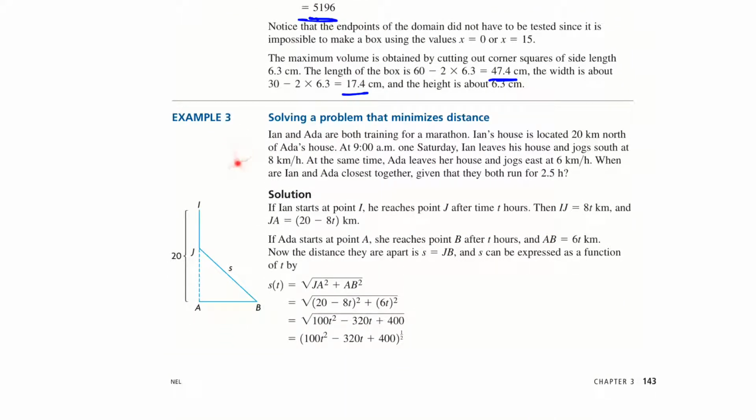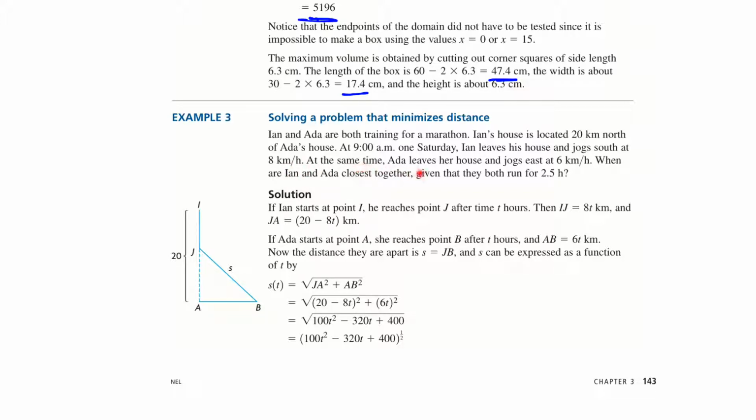Our last example. Jan and Ada are both training for a marathon. Jan's house is 20 kilometers north of Ada's house. At 9 a.m. on one Sunday, Jan leaves his house and jogs south at 8 kilometers per hour.